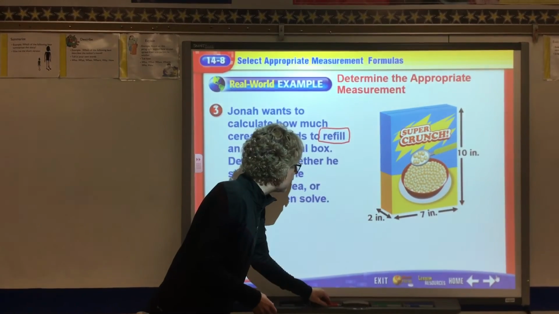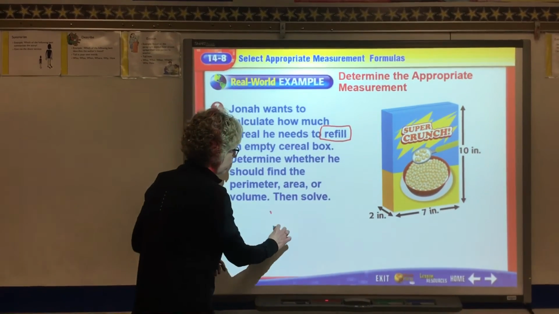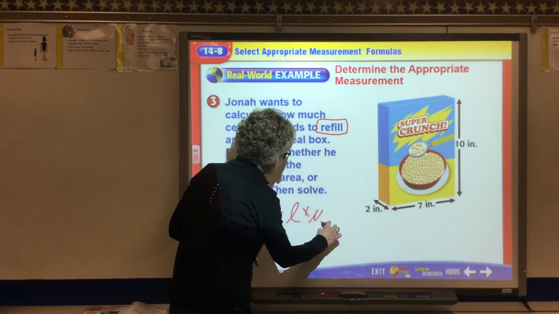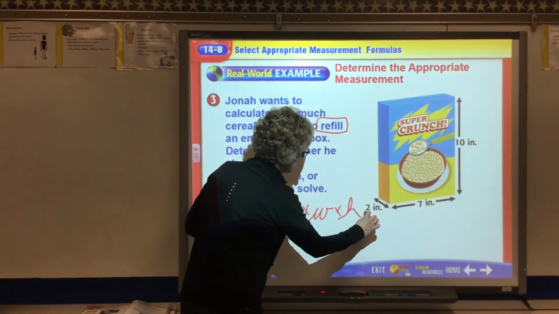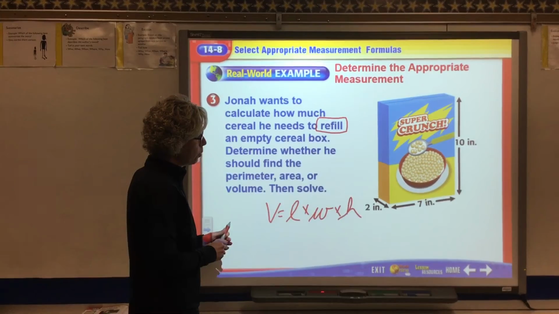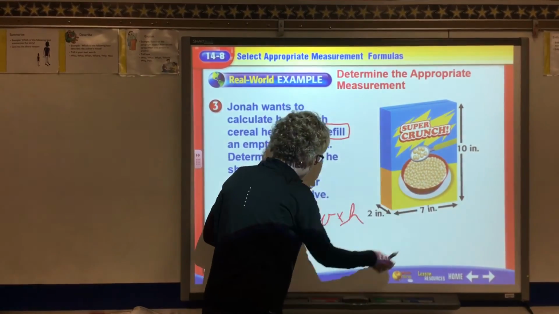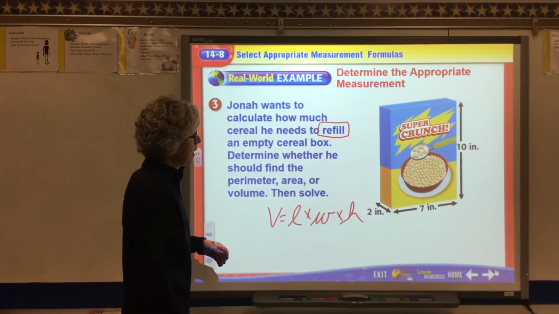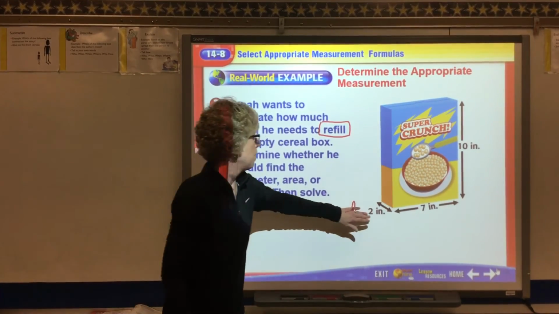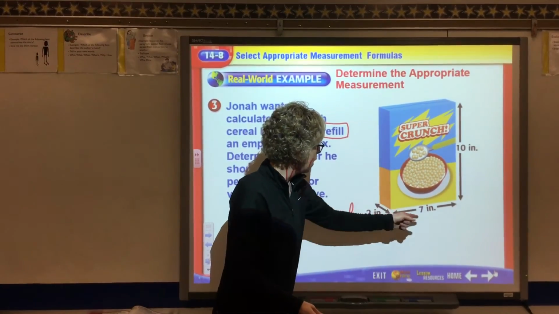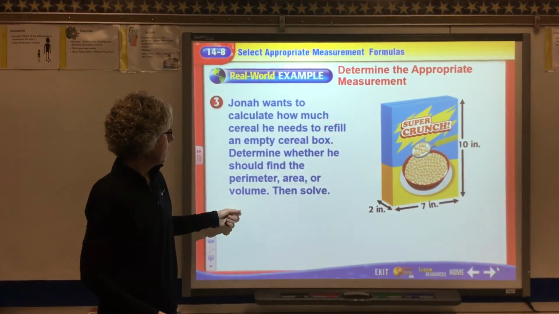So in this case, we know that the formula for volume is length times width times height, okay? And when we take those three units, 2 times 7 times 10, and multiply that out, I'm going to do some mental math here. 2 times 10 is 20, and we know that 20 times 7 would be 140.